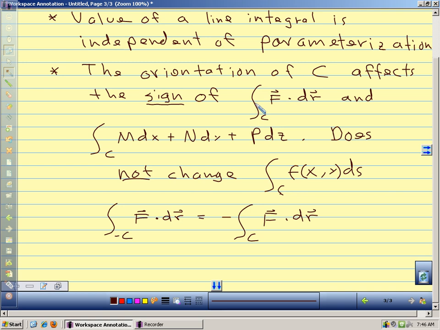All right, let's look at a couple of examples of using the differential form to evaluate some line integrals.